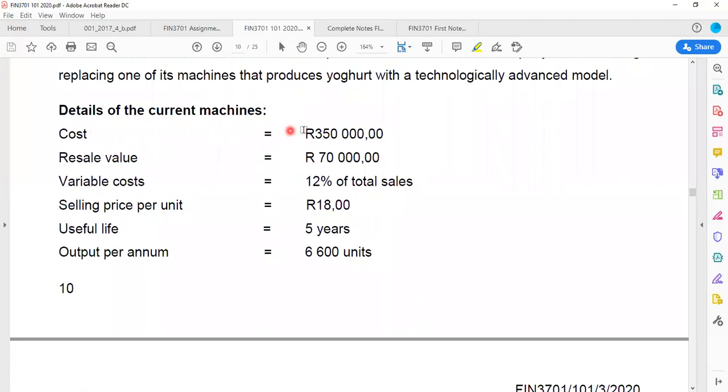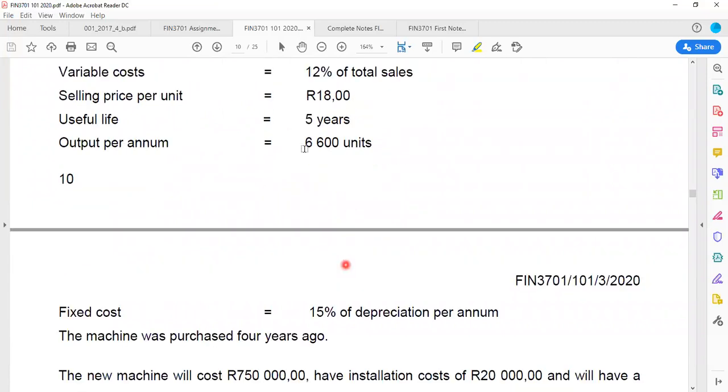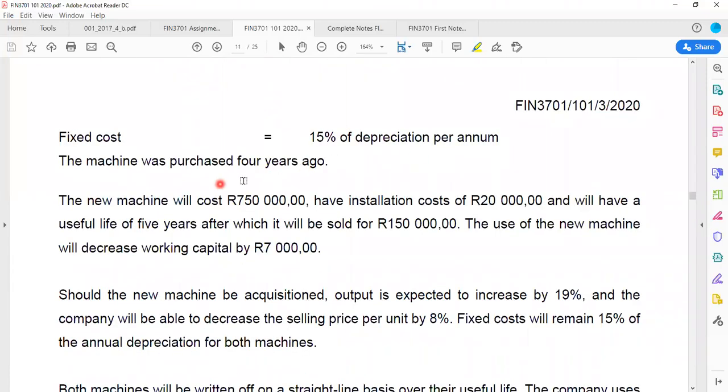We're given details of the current machine: the cost price, how much it can be sold for, the variable cost, the selling price per unit, the useful life and its output per year, the fixed costs, and we were told that the machine has a life of 4 years. It was purchased 4 years ago.